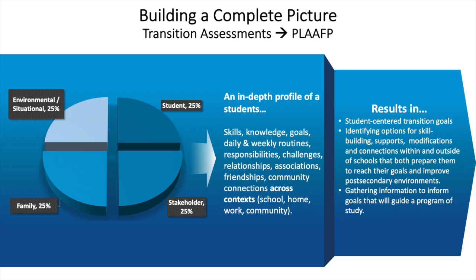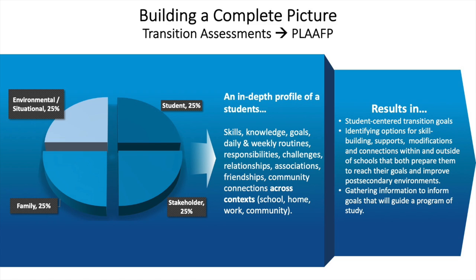Data collected about environments that students interact with, such as school, work, and home, coupled with data from self-assessments and assessments by family or stakeholders, allow us to build out an in-depth profile of a student's skills, knowledge, and goals, as well as their daily routines and responsibilities or challenges within them.